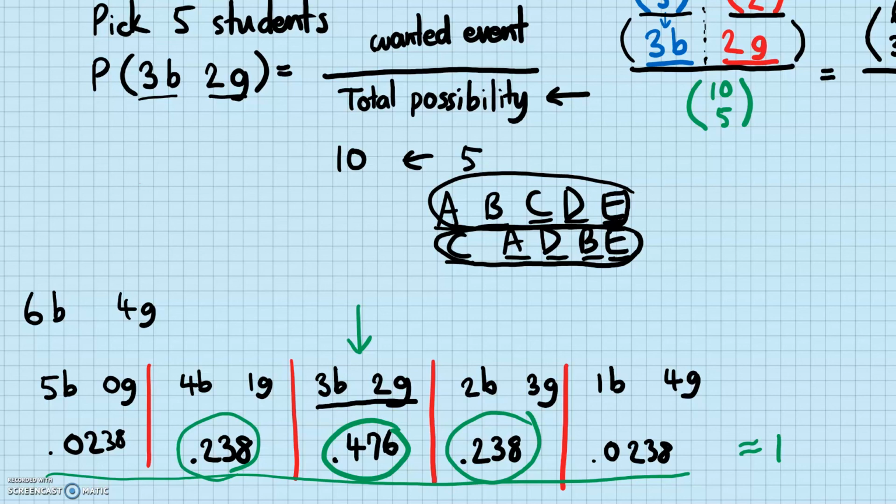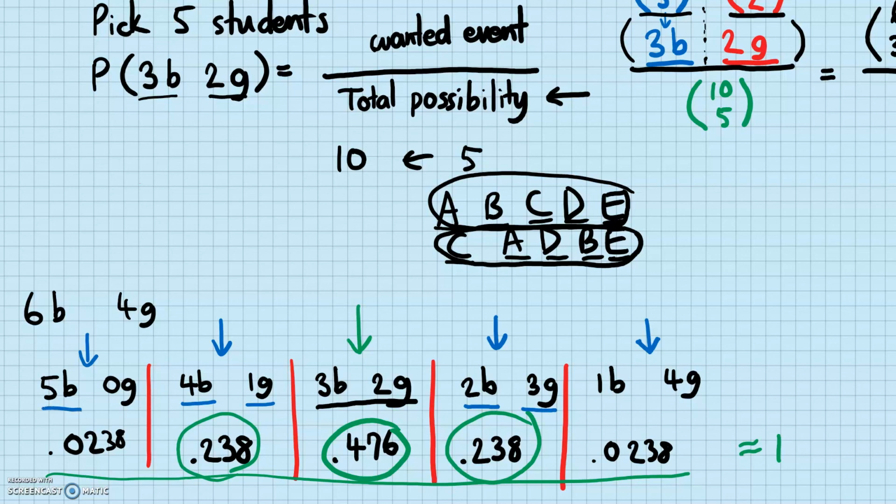Right? And also, you'll notice some patterns. Like these probabilities are the same. Why are they the same? And these are the same as well. Why are they the same? So think about those characteristics. You can think in your own time, why is choosing 4 boys and 1 girl the same, or gives you the same probability as choosing 2 boys and 3 girls?